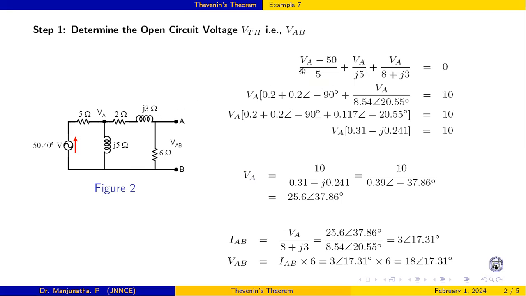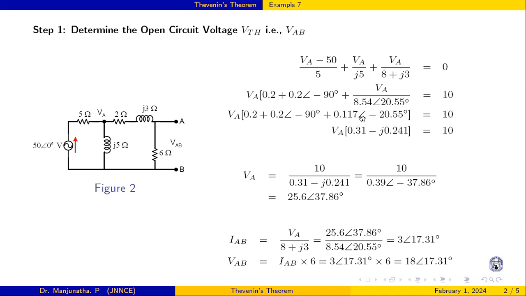The node equation is (VA minus 50) divided by 5 ohm, plus VA by j5, plus VA divided by (2 plus 6, that is 8 plus j3). Convert into polar form for simplification. VA by 5 is 0.2 VA, and minus 50 by 5 I take to the right side.